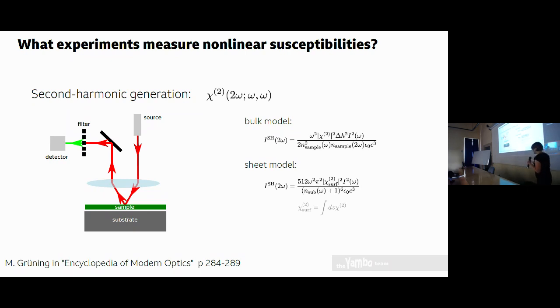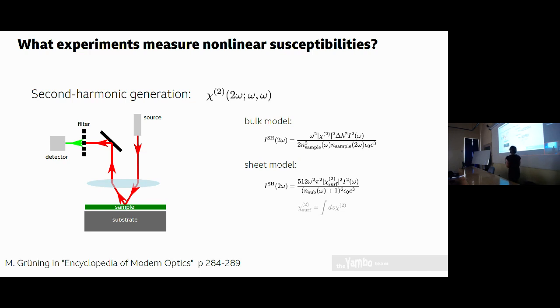Here is an example on second harmonic generation. How this is measured can be in transmission or in reflection. This is a schematic reflection setup. One shines a laser with some intensity I and some frequency omega, then takes the light which is reflected from the sample and filters it.